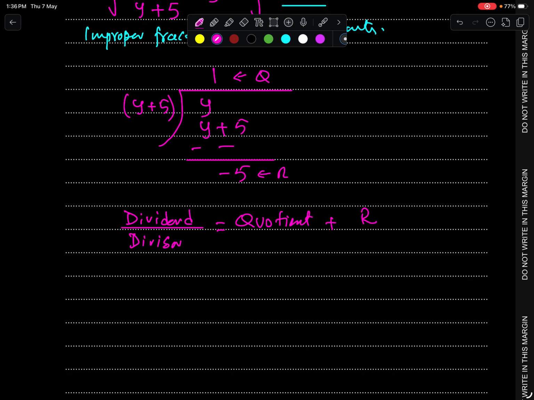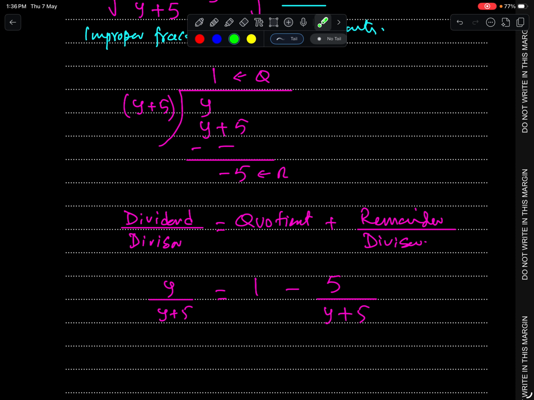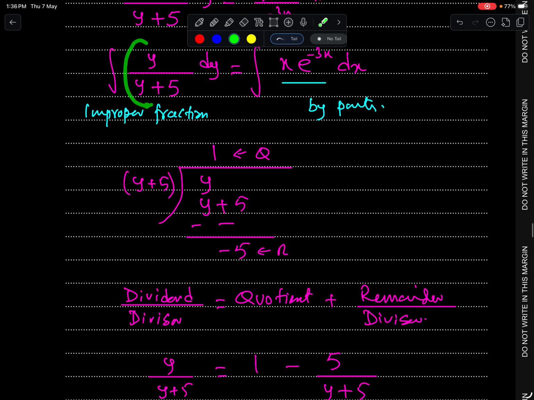Here the dividend is y, divisor is y plus 5, quotient is 1, remainder is -5, over y plus 5. So we have split the fraction. This is the way to split improper fractions.